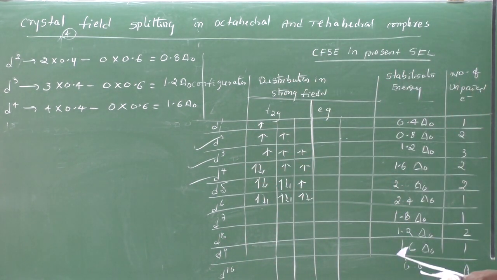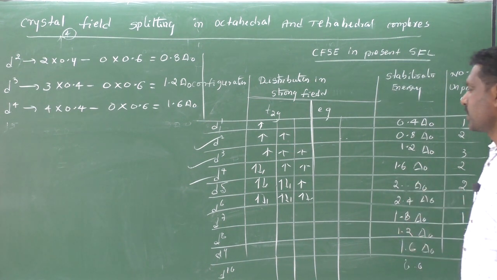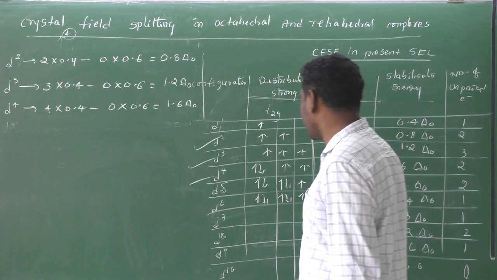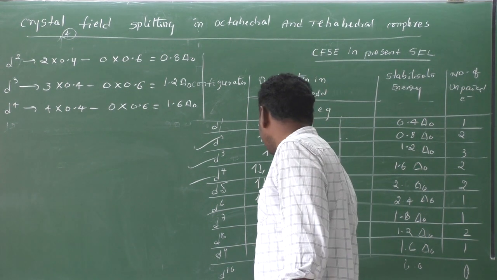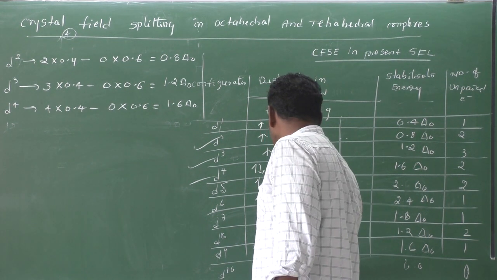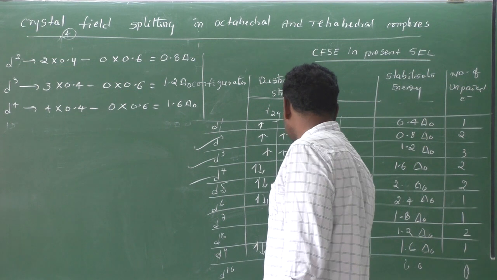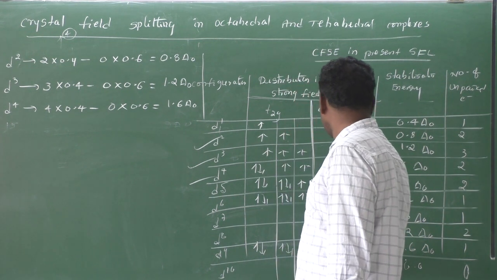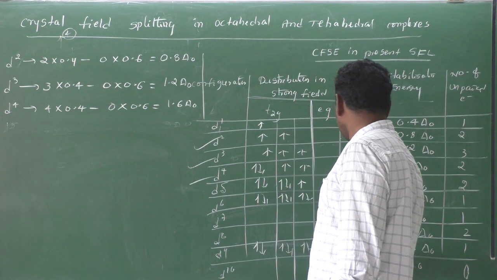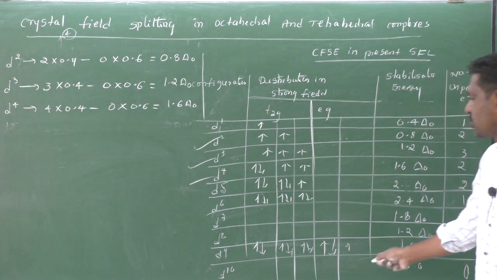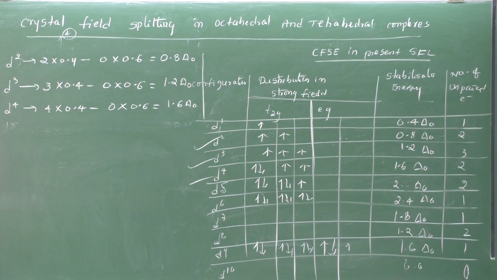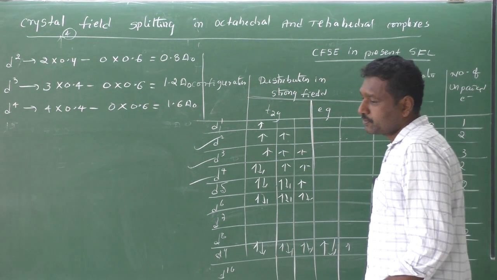For example, if you take d9, the electronic configuration is 6 electrons in one set and 3 electrons in the other. Therefore, how much do we get? This much value we can get.